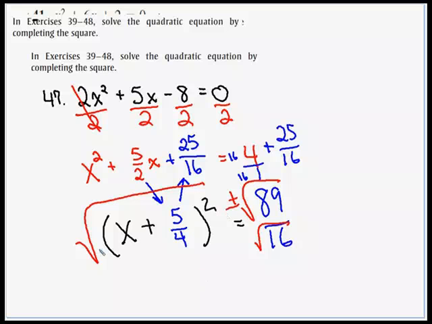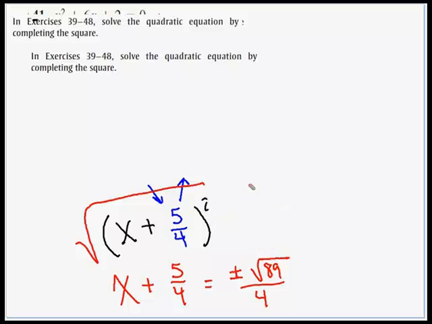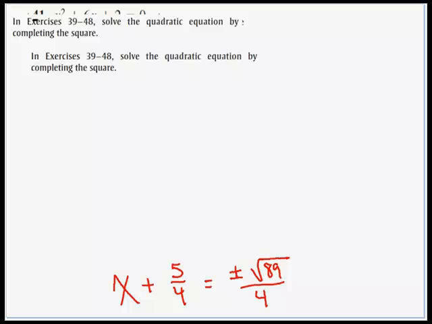Plus or minus. So we square root the left side and we get x plus 5/4. And that's equal to, our numerator is not a perfect square, so we'll leave that as plus or minus the root of 89, divided by the square root of 16, which is a perfect square, 4. So the last step, we are solving for x, so we're going to get that 5/4 out of there.